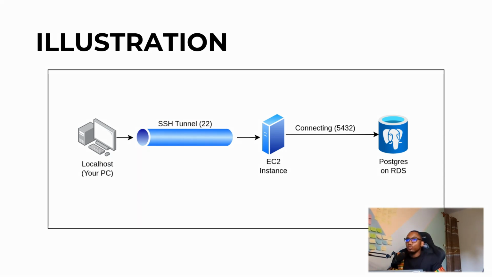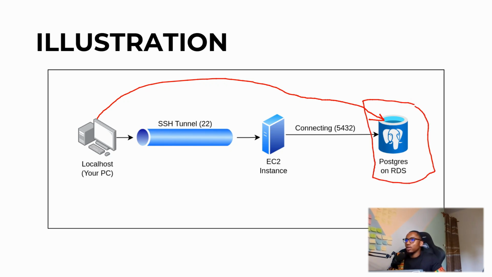So we have our local PC, which will pass through all this process. Most of the time, what we are trying to do is pass through our computer directly to the RDS instance. And it won't work that way, because the RDS is surrounded. It's inside a private subnet and all that.